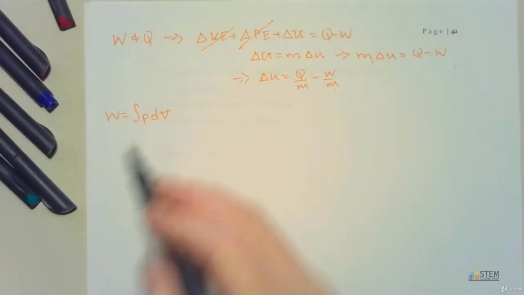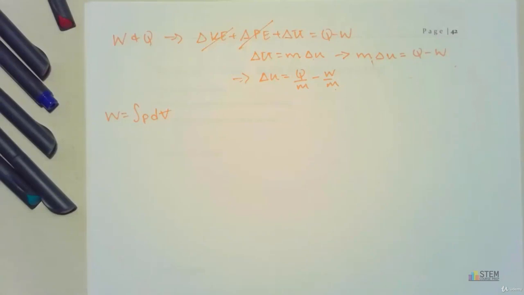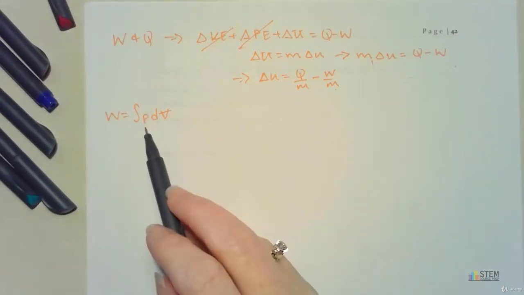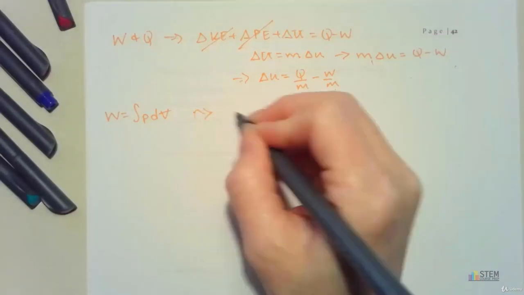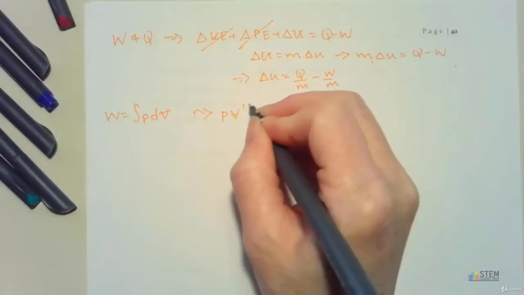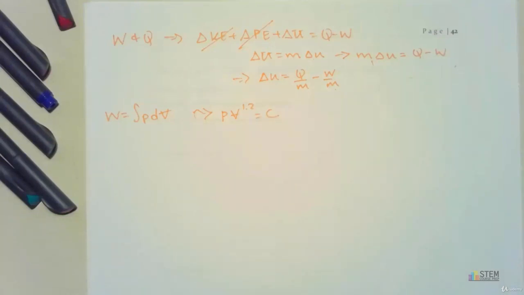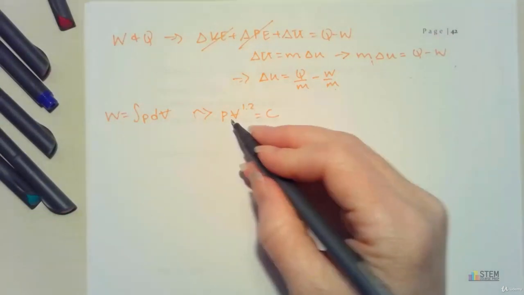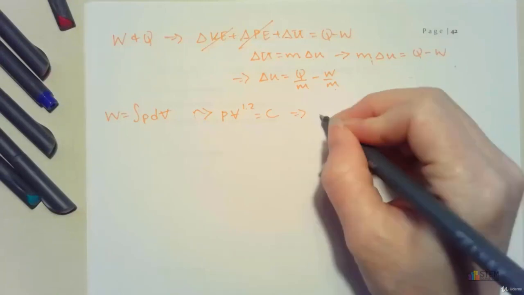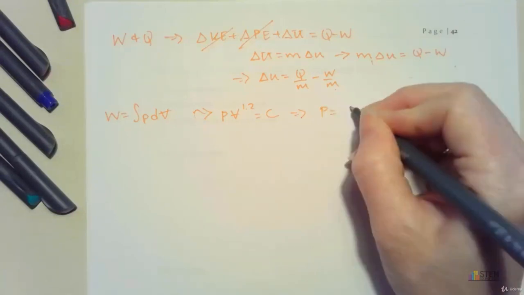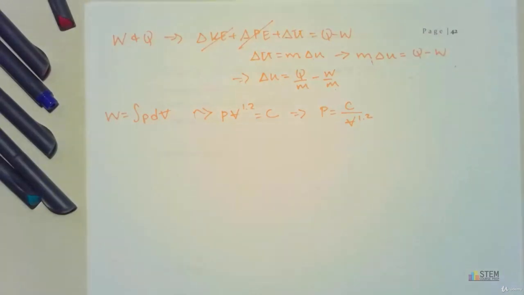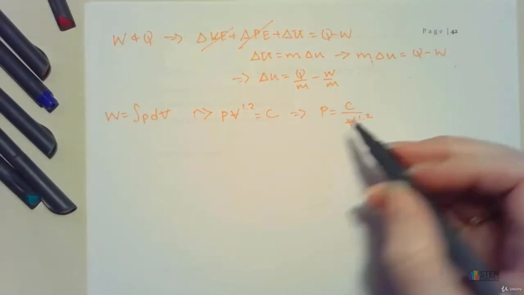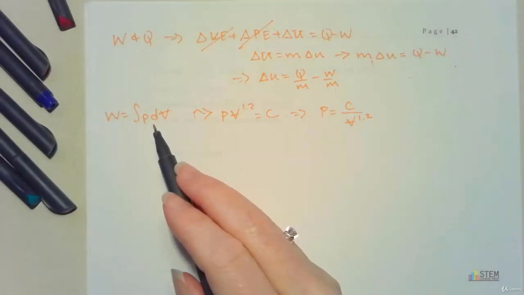Now we know the relationship is PV to the power of 1.2 equals a constant, so that's what we're going to use to find an expression for pressure. So let's write down that expression. Let's solve this for P. So P is going to be the constant over volume to the power of 1.2. We're going to take this, plug it into the equation here.